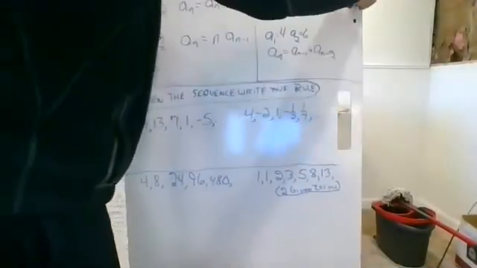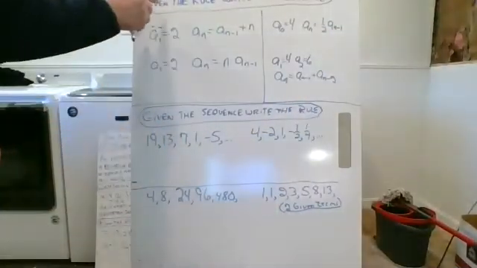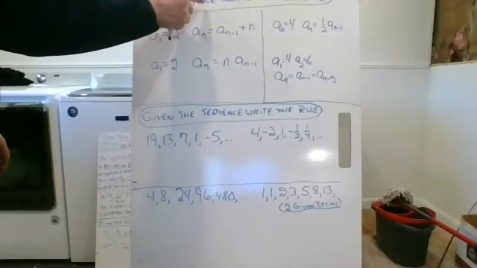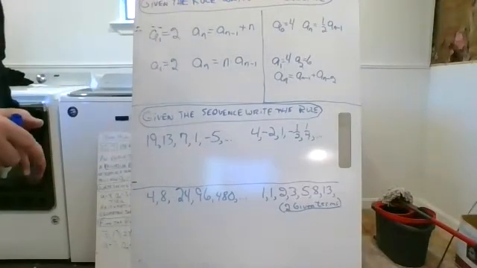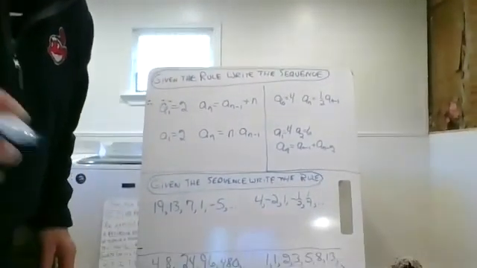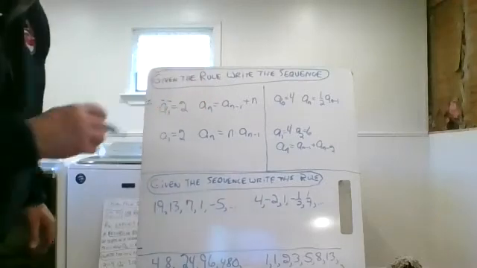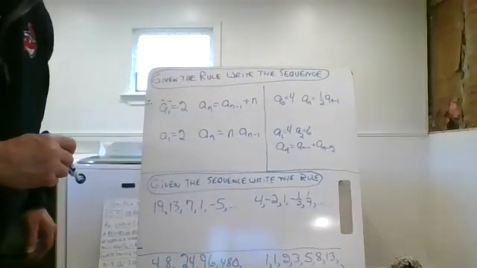Now we'll get into some different types. Here we're going to be given the rule and we're going to write the sequence. So this should be pretty straightforward. You're given the rule. You just need to write the sequence you get.